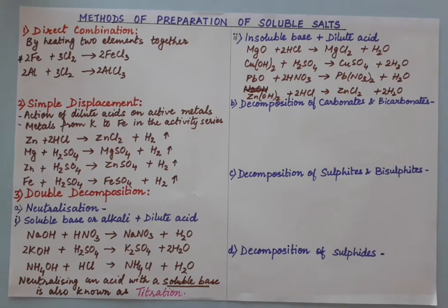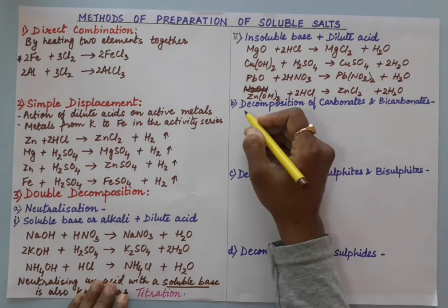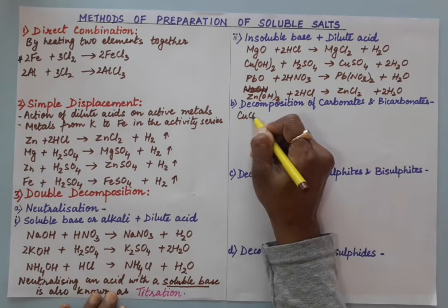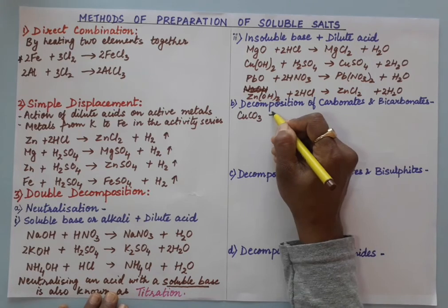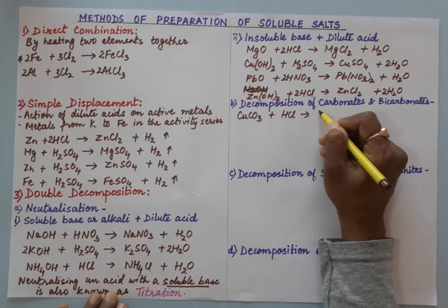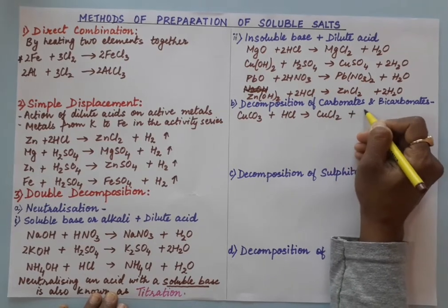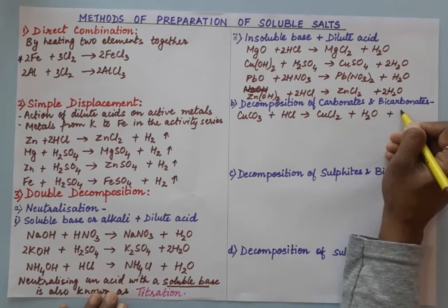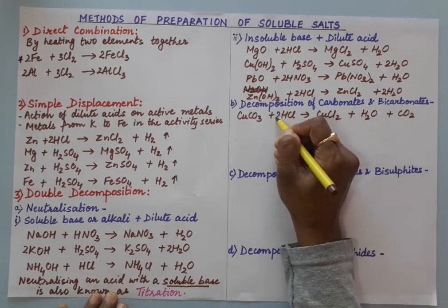Okay, now the next method is decomposition of carbonates and bicarbonates. Any metal carbonate or metal bicarbonate, when it reacts with acid, always and always we get the corresponding salt plus water plus carbon dioxide gas, right?